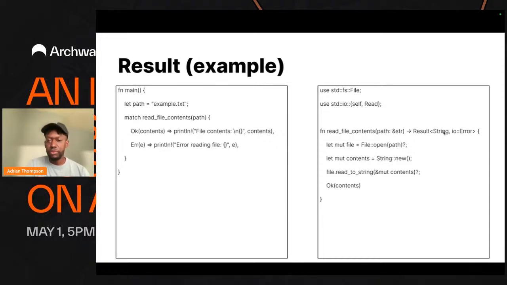So if you see this result here, String, this will be none, and then this IO error will be returned. So yeah, that's how it works. This is the general makeup of most functions within Rust.